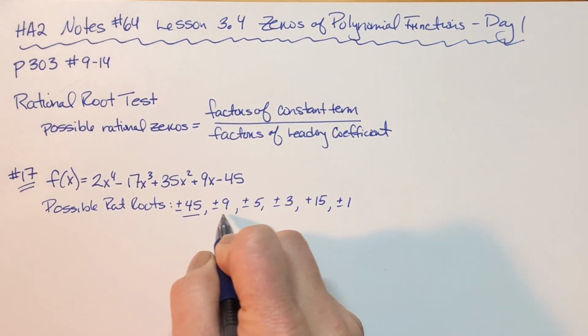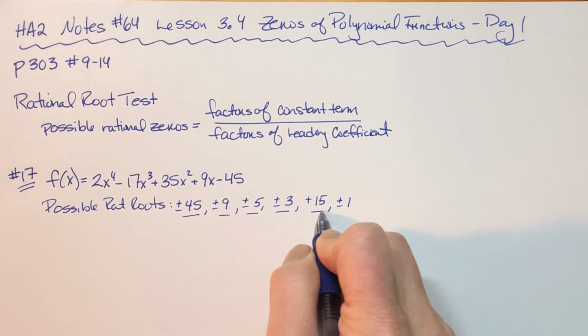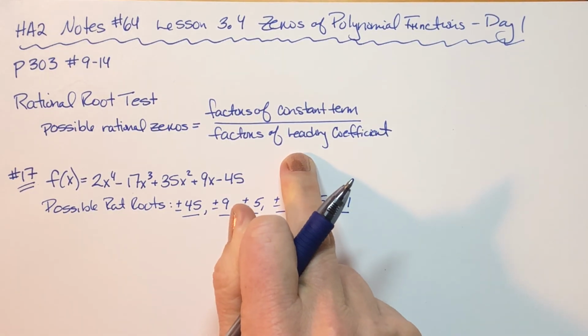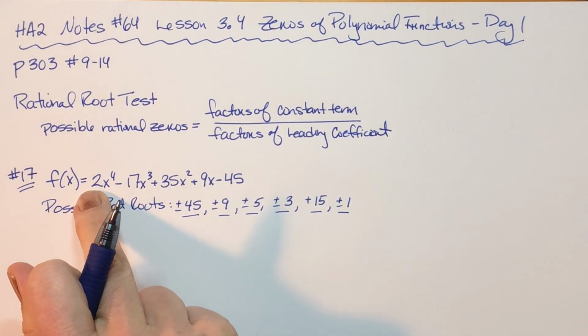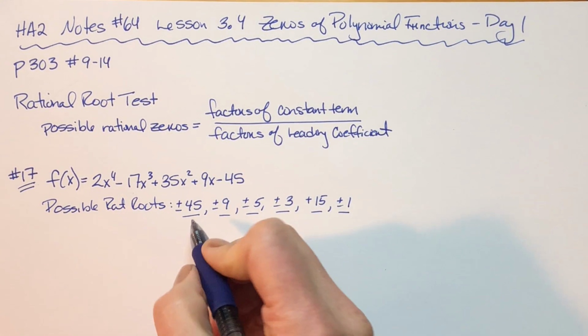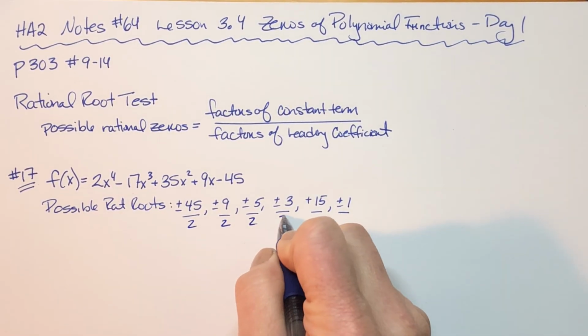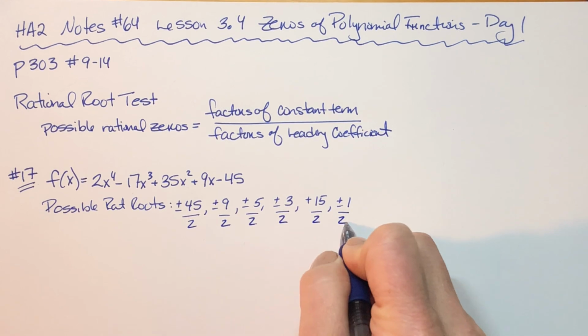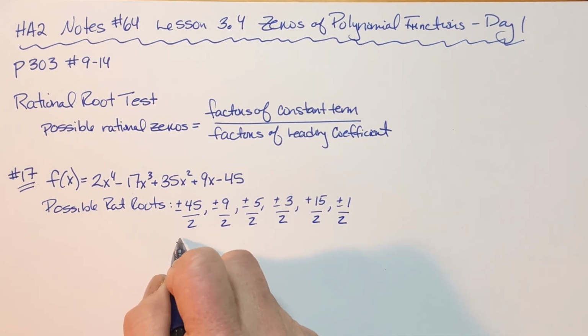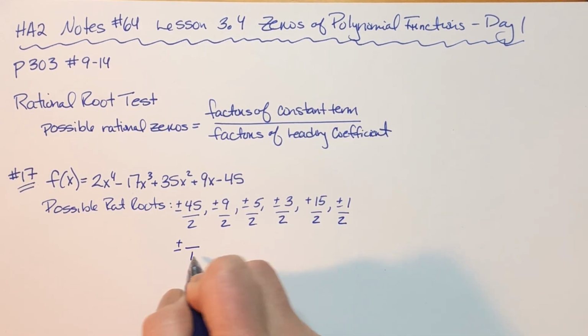And I'm going to divide each of those numbers by the factors of the leading coefficient. Well, what are my leading coefficient factors here? Oh, 2. So I could have a 2 here, and under each of these, you know what else I could have? Yeah, I could have a denominator of 1.